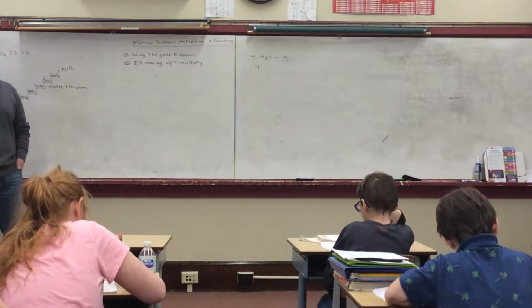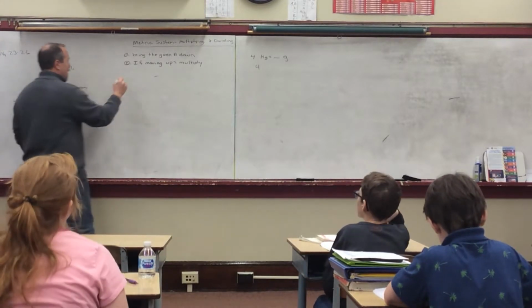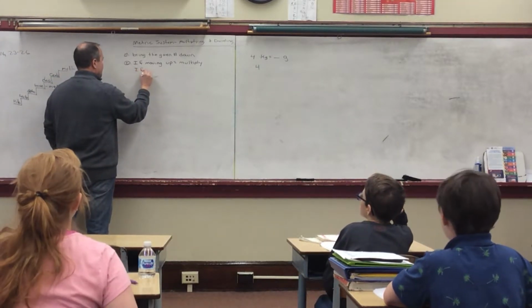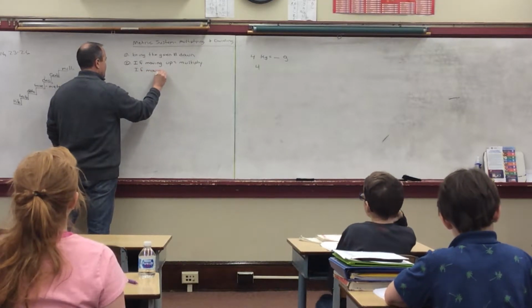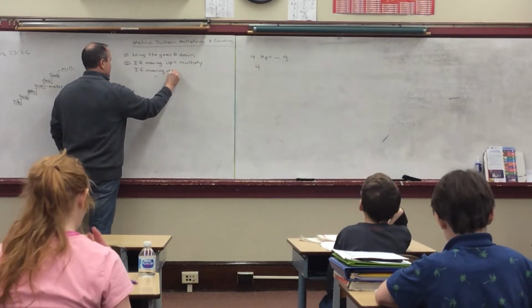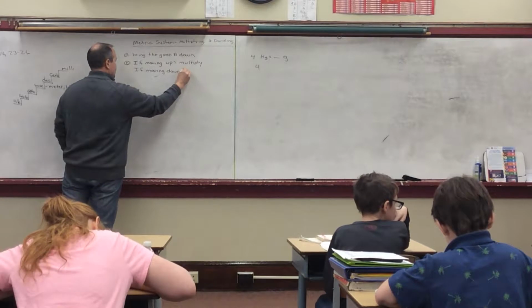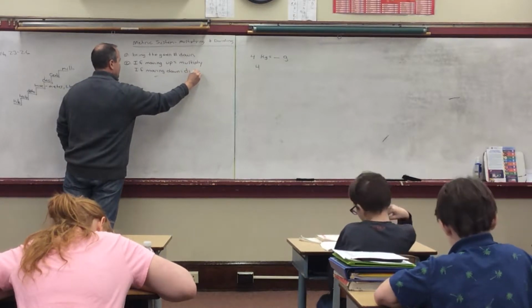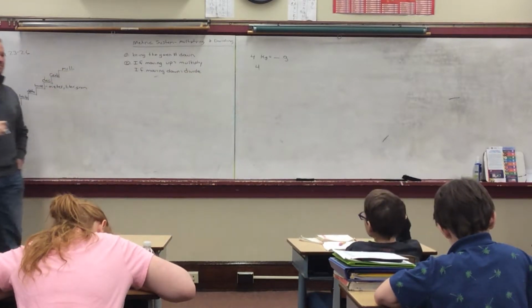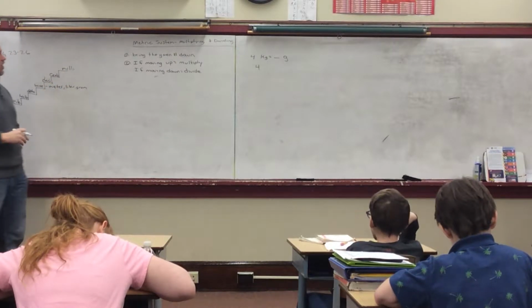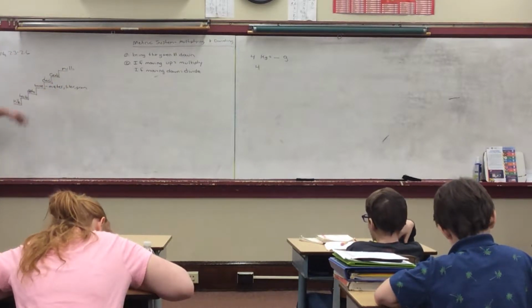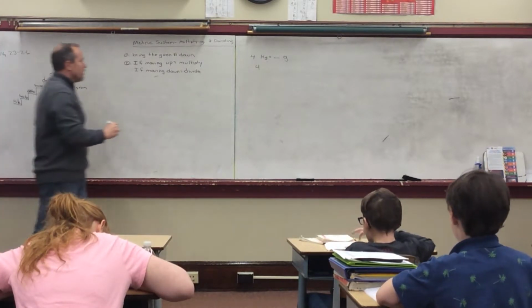Guess what? If you're moving down, you're going to divide. In this situation, in our example, we're going from kilograms to grams. So we're moving up, so we're going to multiply.